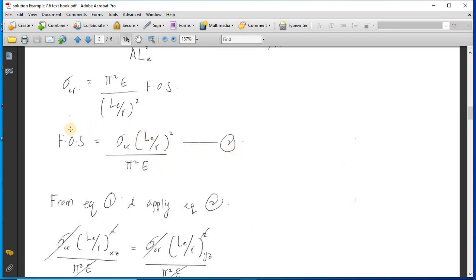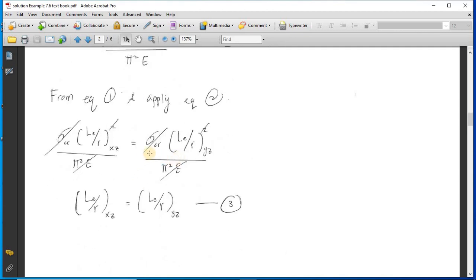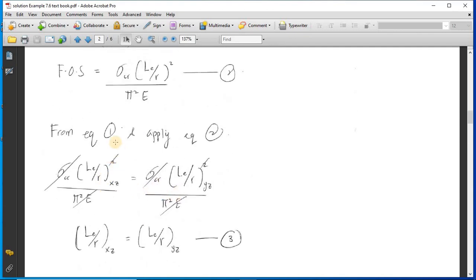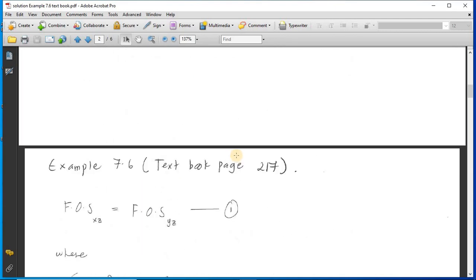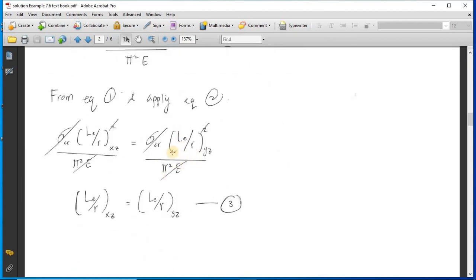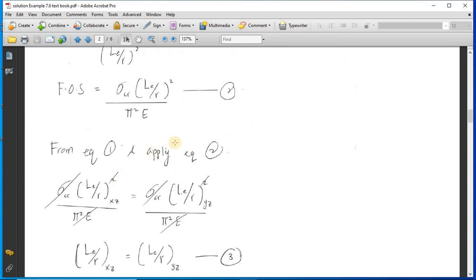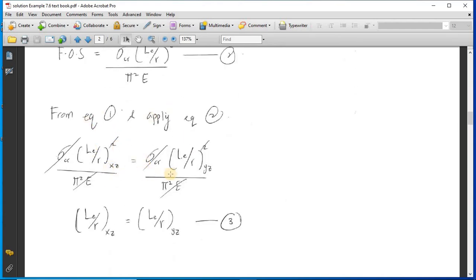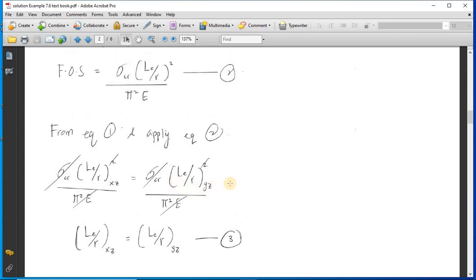This is a general equation, and it can be applied in the XZ plane and in the YZ plane, as you can see in the next step. By applying equation 1 and the equation 2 that we have defined just now, equation 2 for the XZ plane is equal to that in the YZ plane.